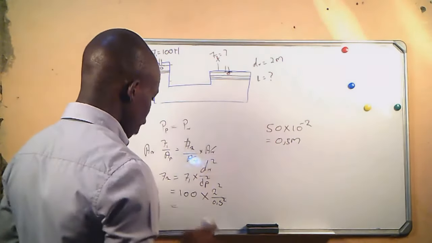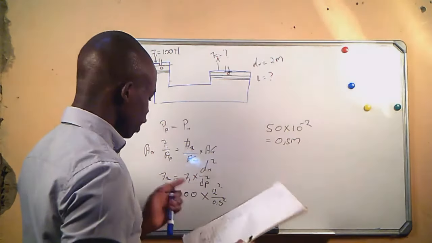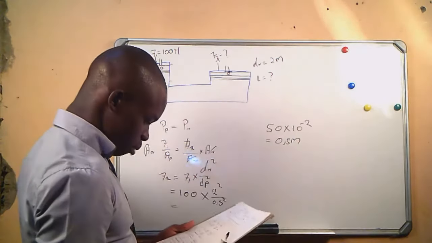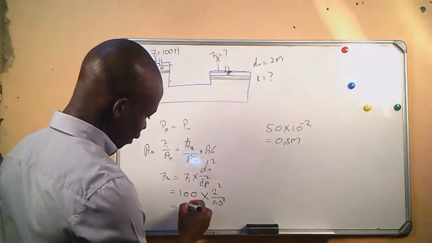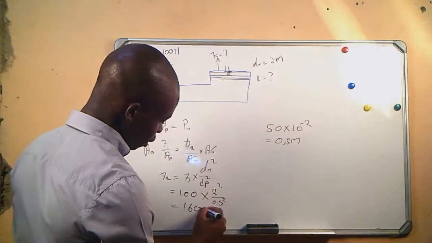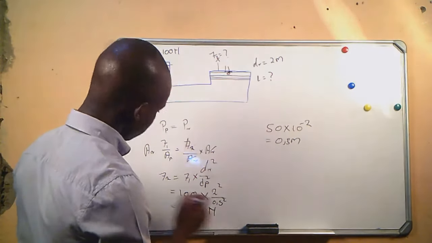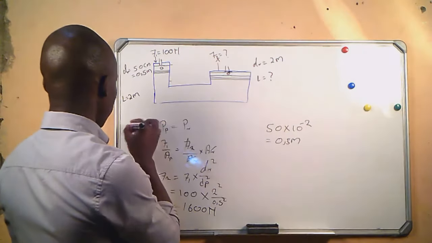And then we get that our value for F2 will be 1600 newtons. That is the A part of the question.